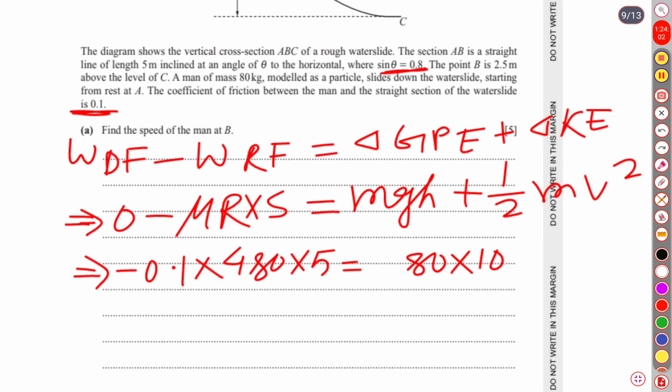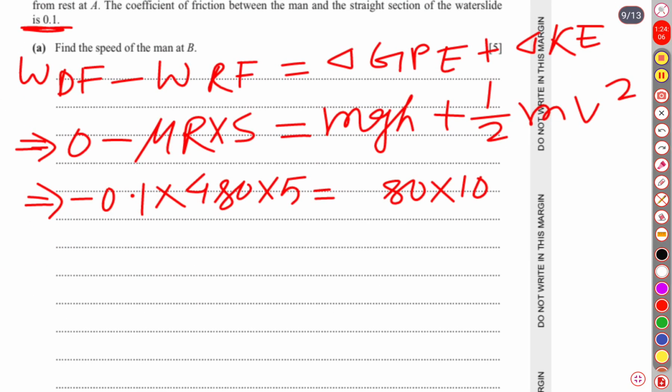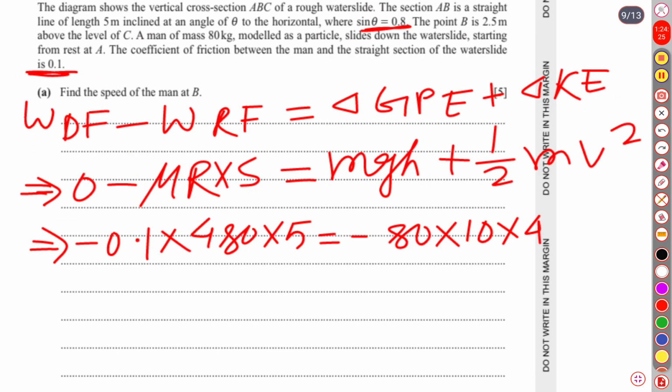So we are going to write negative height, which is 5 sine theta, which means the height was 4, plus half of m.